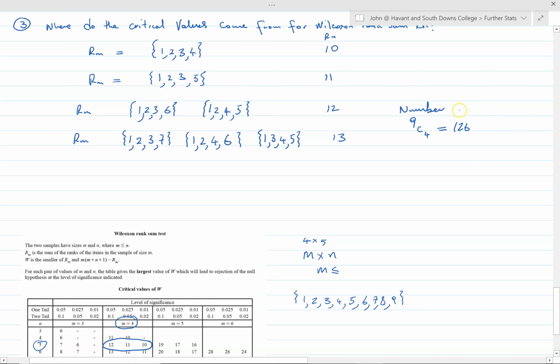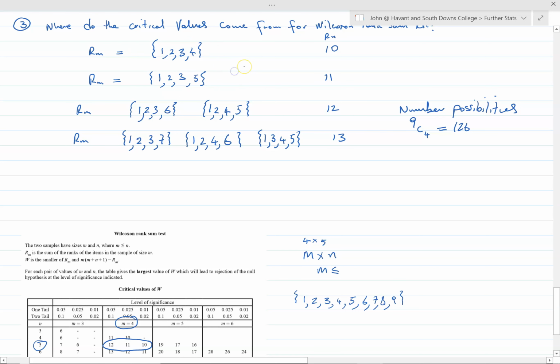So if it were all random, they would all be equally likely. Remember, we're saying if they're from the same distribution, then it's just random whether they end up in one group or the other, so they have an equal chance.